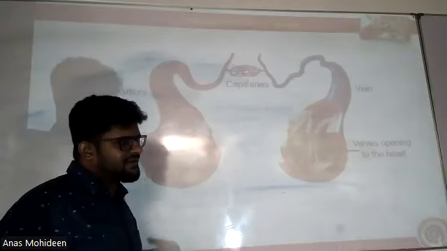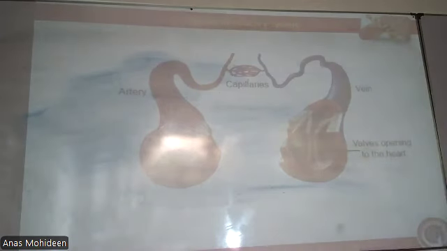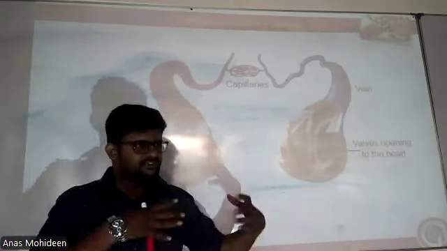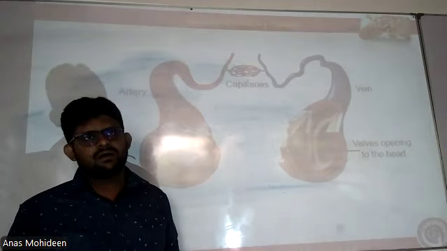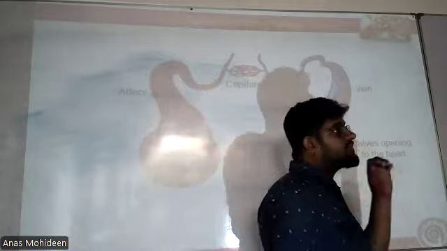Now when we compare the thickness of arteries and veins, arteries have a greater thickness. The thickness of the artery wall is greater, and the elastic nature is also greater. The reason is that arteries take blood away from the heart.